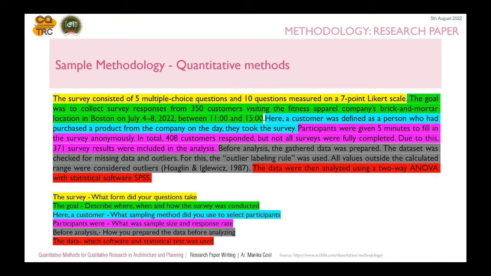For this, outlier labeling was used. All the values outside the calculated range were considered outliers. The data was then analyzed using a two-way ANOVA with the statistical software SPSS. So here the later half discusses the sample size and the response rate, how you prepared the data before analyzing it, and which software and statistical test was used.